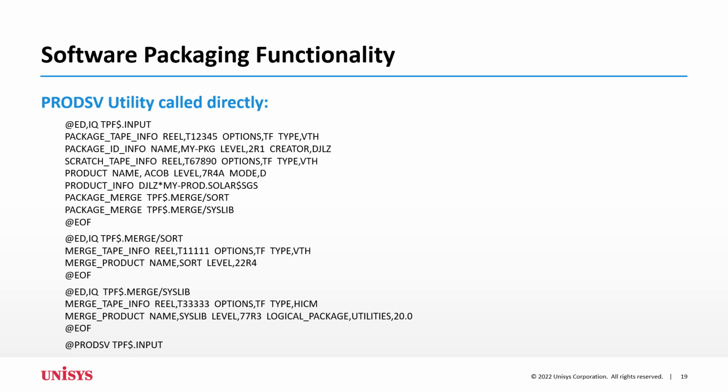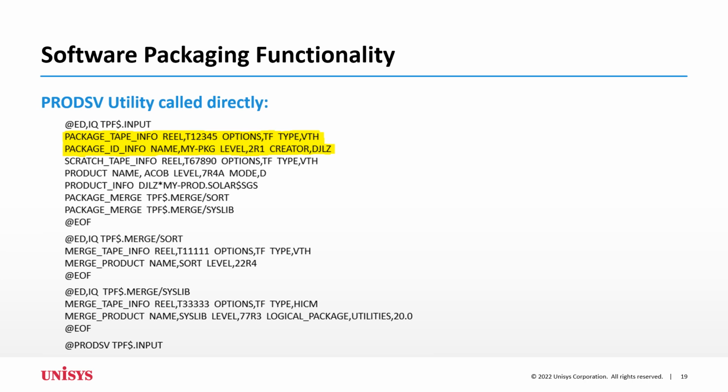This example shows the SGSs required to package, sort from a Comus build output tape, slib from the utilities logical package contained on a physical software package received from Unisys, a local product, the contents of the Solar Dollar SGS element containing product descriptor SGSs for the local product are not shown here, and the installed copy of ACOB Mode D. To the software package, My Package Level 2R1.